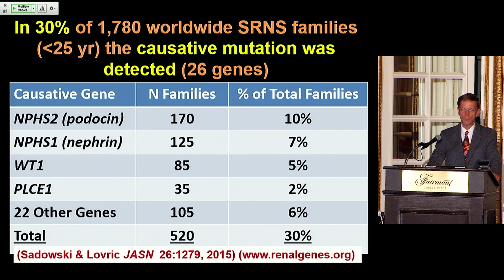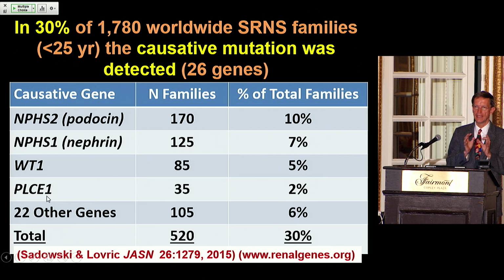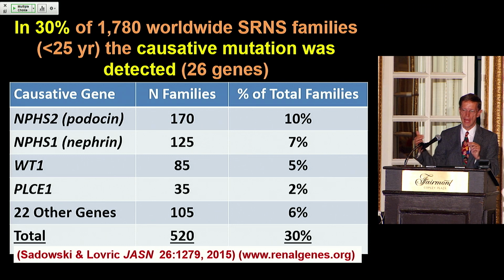And we found that in 30% of these individuals, we can find causative mutations. 10% had podocin mutations, 7% nephrin mutations, 5% Wilms tumor 1 mutations, 2% phospholipase C epsilon 1 mutations, and 6% were shared among 22 other genes. And it is currently continuing like this, where very, very rare genes add to the number of causes that we can identify as causing steroid-resistant nephrotic syndrome.